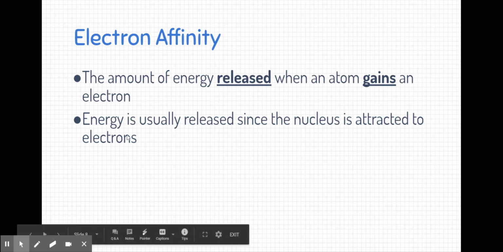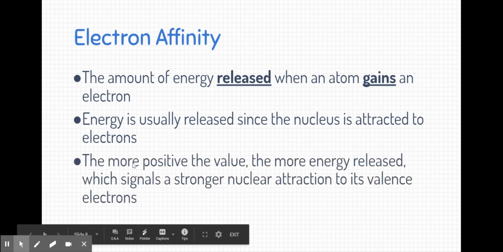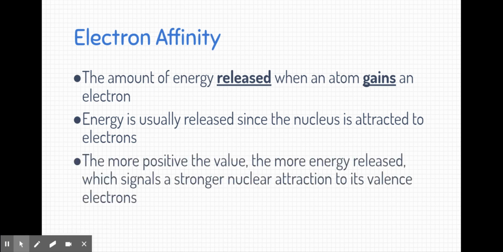So when it comes to electron affinity, the more positive the energy value indicates that more energy is released, which tells us that there's a stronger nuclear attraction. And you'll see the word attraction come up a lot with electron affinity, and that's a good way to remember that, is electron affinity is talking about electron attraction. The stronger the nuclear attraction, the stronger or the higher the electron affinity.